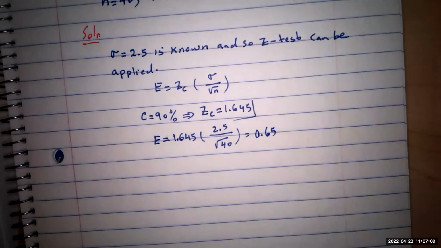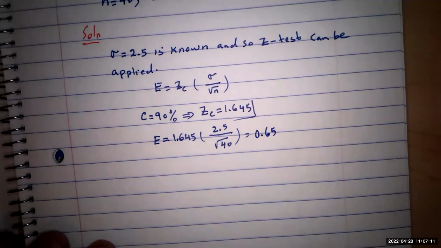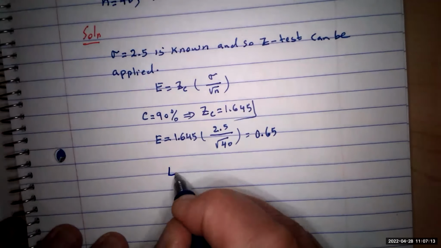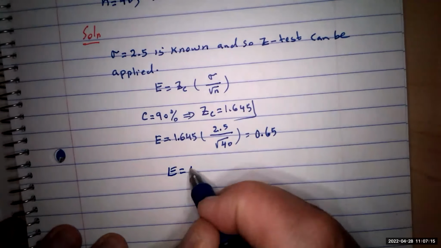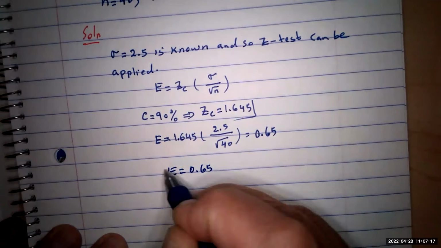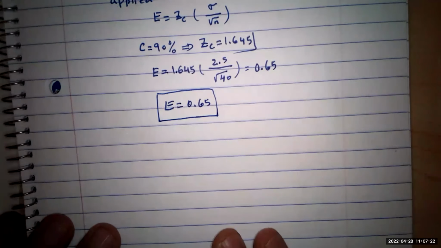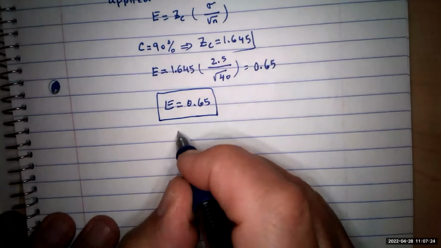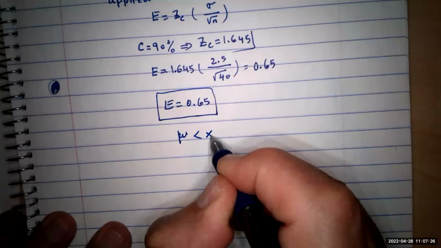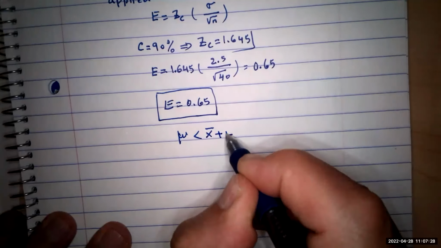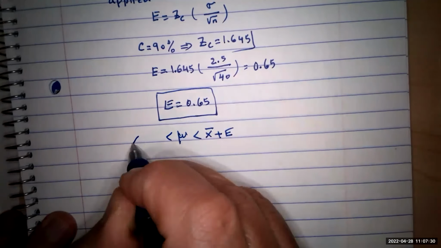It's 0.6502, so we call it 0.65. So that would be our marginal error. Any question? So get the interval. The mu is between x bar minus E and x bar plus E.